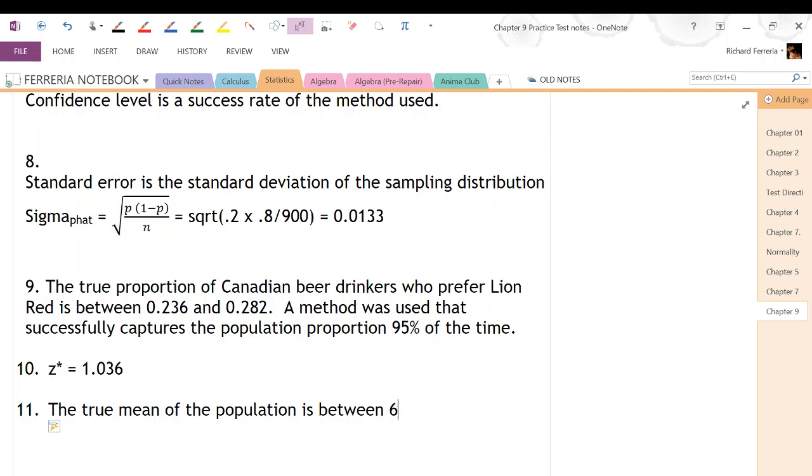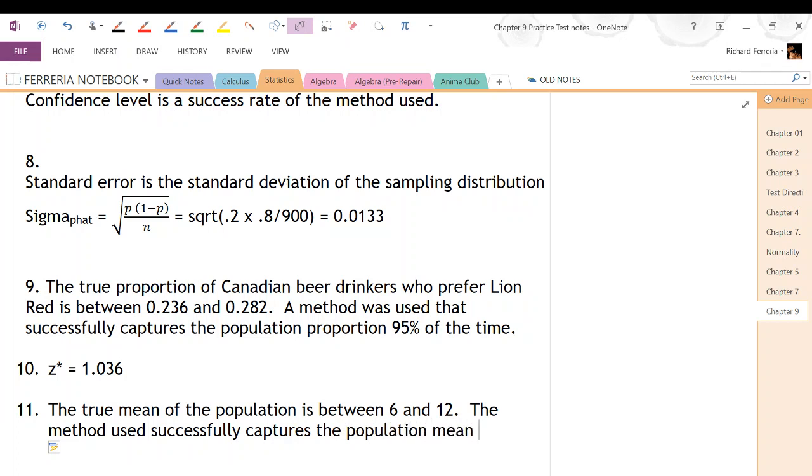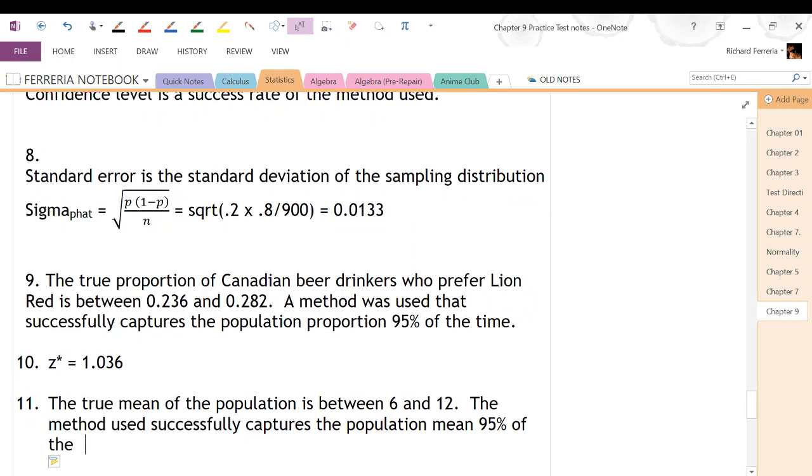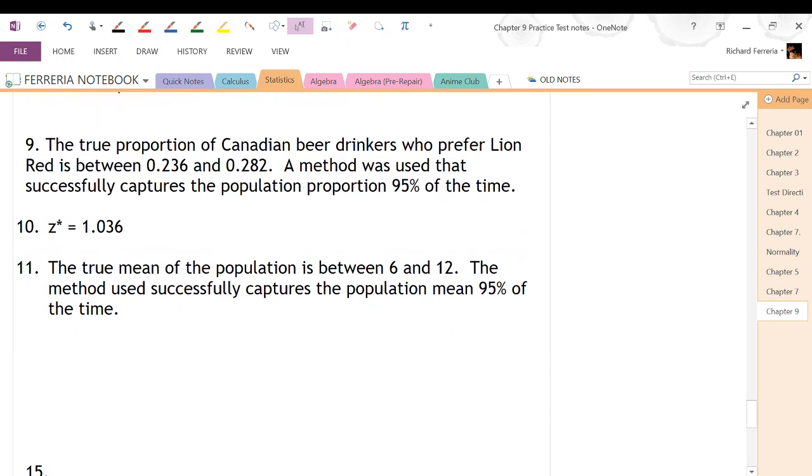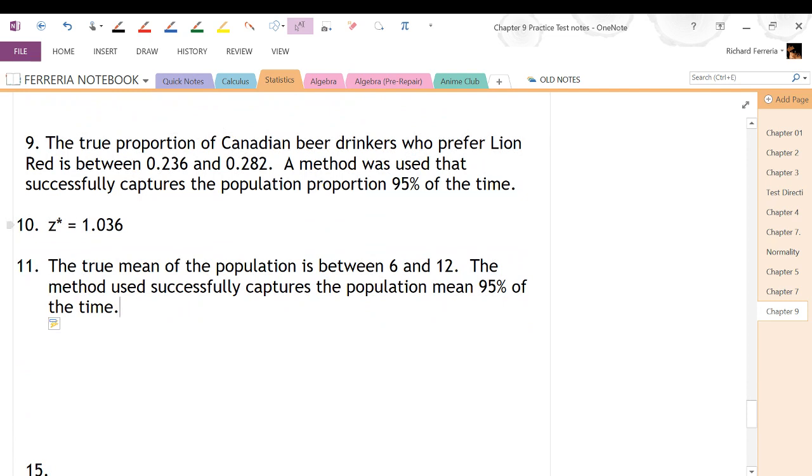I should probably say 6 and 12. The method used successfully captures the population mean 95% of the time. And that's 11. Sound good? Yeah.